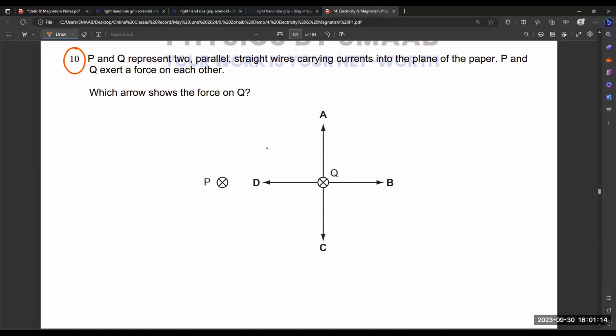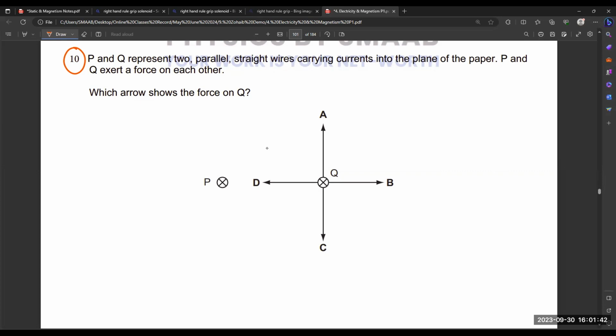When conductors are close to each other, their fields are opposite or same. Now you can see in both conductors the case is into the paper. So now both are into the paper.